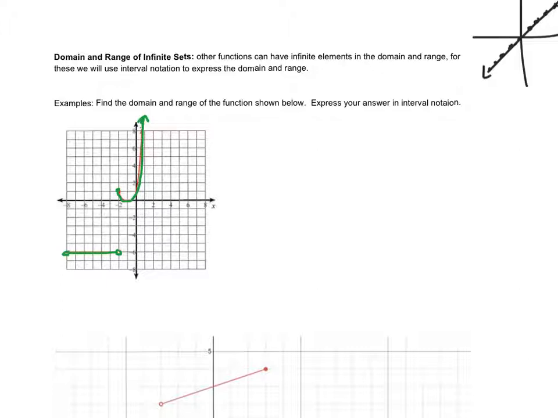Now one thing you want to keep in mind, when you have this arrow going off the paper, it's going up, but at the same time it's also going to the right. So when I talk about the domain, we're trying to talk about all the possible x values that this function can take. Well, on this section, the x values will get smaller and smaller.